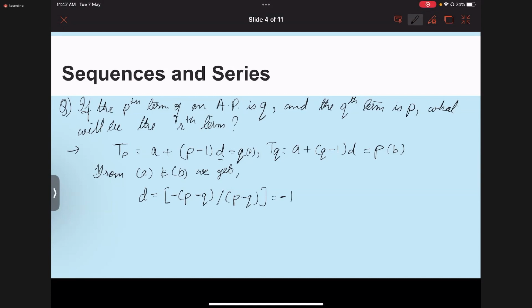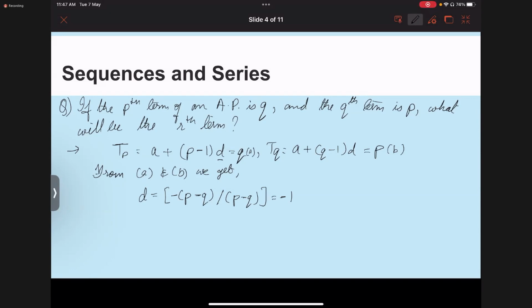So therefore, now you can find the a. Since we have the value for d, you can substitute the d value in any of the equations to find our a.